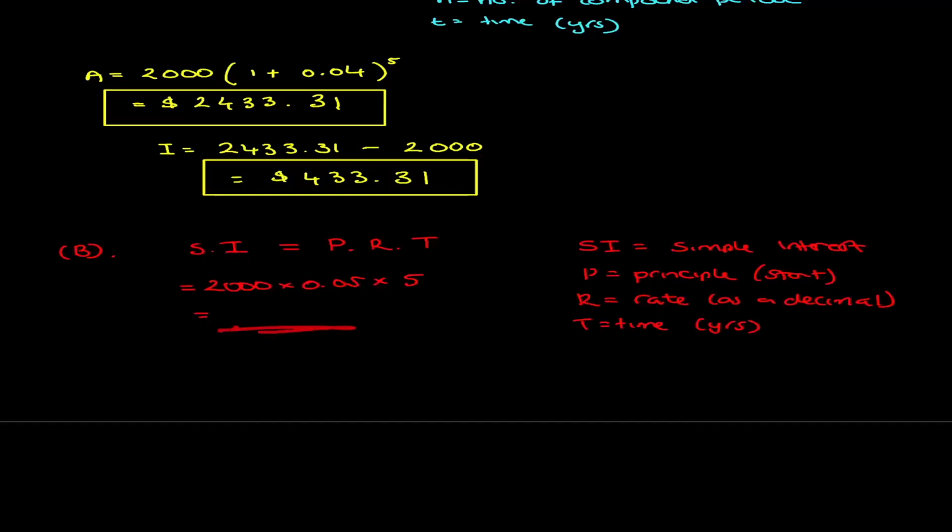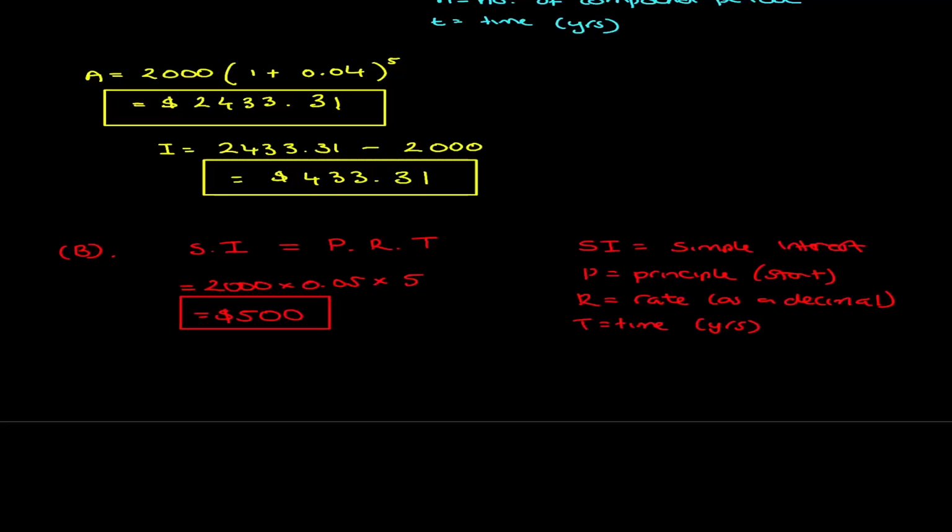But this one would just work out the interest straight away. So let's plug this into my calculator. 2000 times 0.05 times 5 gives me 500. So $500.